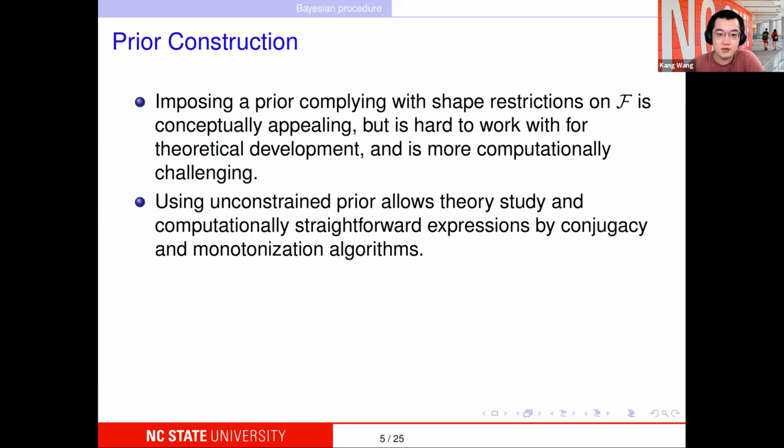The other way is to use an unconstrained prior at the prior construction stage, and this is a lot easier because we can use a conjugate prior and get the unconstrained posterior easily, and then by various algorithms, we can convert the unconstrained posterior to the constrained parameter space.